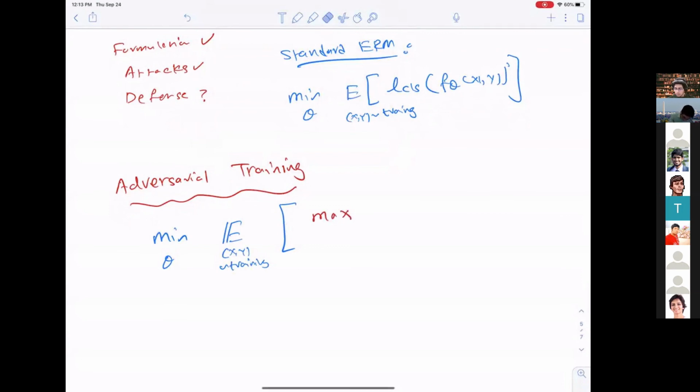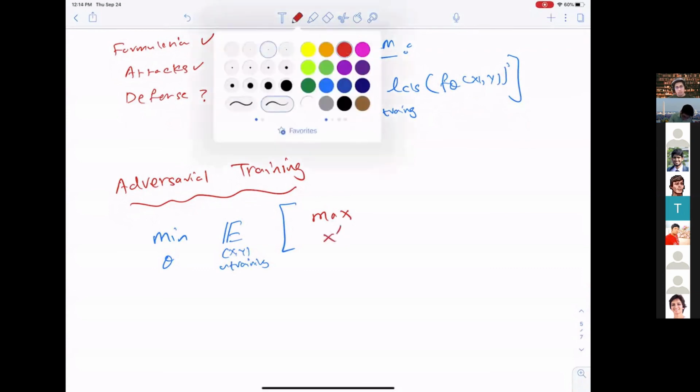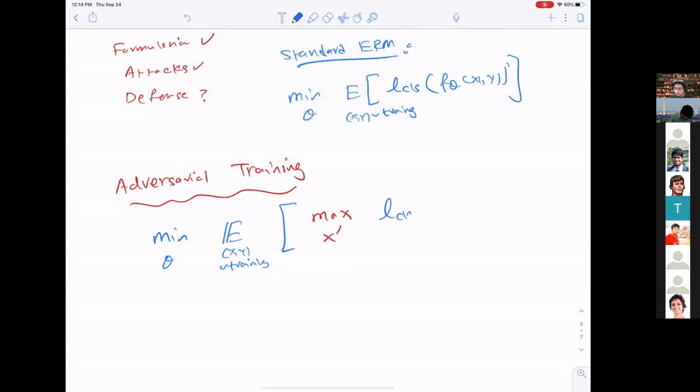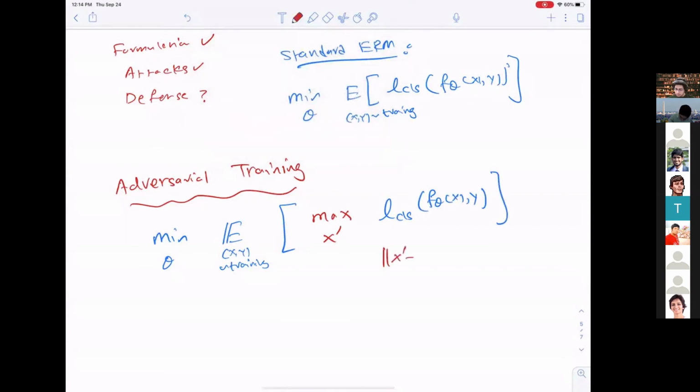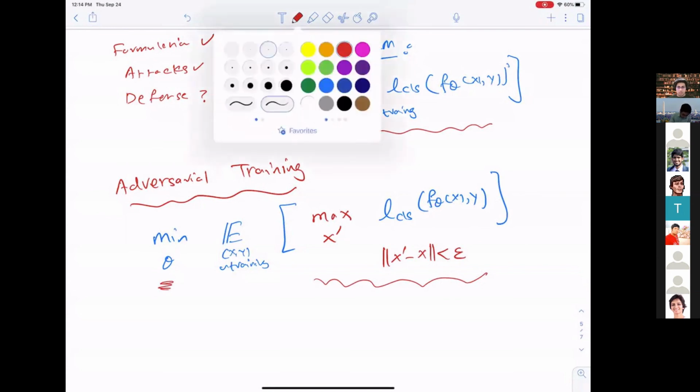So I'm going to find X prime that maximizes the classification loss, theta, X and Y, where X prime has a small perturbation norm compared to X. So instead of minimizing the classification error, I'm looking at the worst perturbations of my training samples, and minimizing my error over those. Yes, thank you, there's an X prime here.